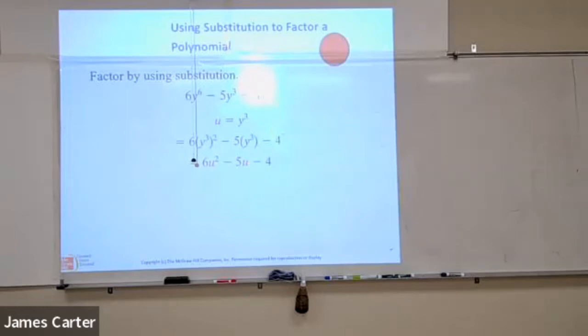This we can factor. You're going to have different signs, and ultimately it factors down to this. Now we have to replace these u's back with the y cubes we had to start with, which gives us that and that. And for the sake of this problem, that's as far as we can go.